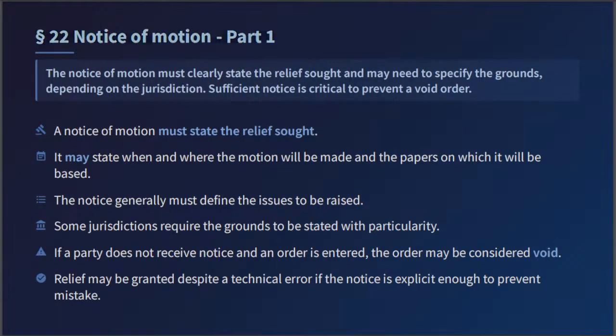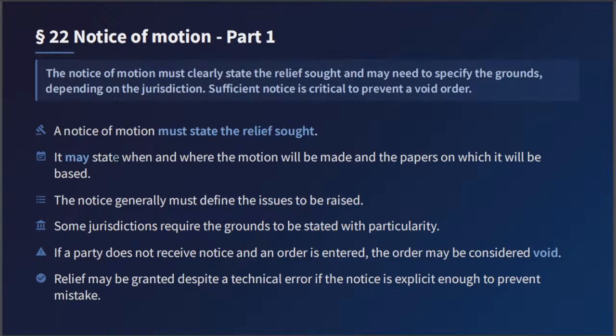All right, so section 22, the notice of motion, part 1. The notice of motion must clearly state the relief sought and may need to specify the grounds, depending on the jurisdiction. So a notice of motion. Sufficient notice is critical to prevent a void order. So a notice of motion must state the relief sought.